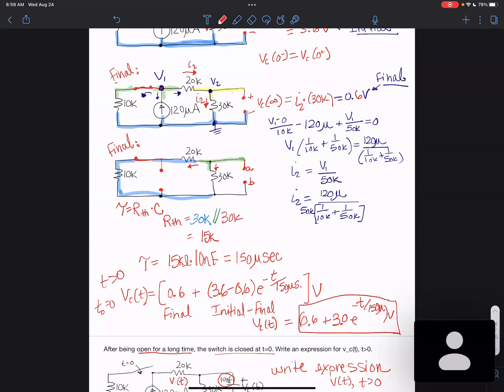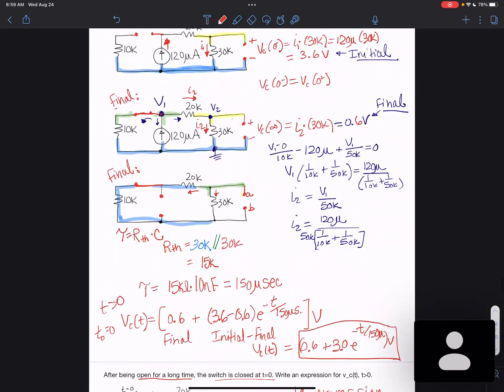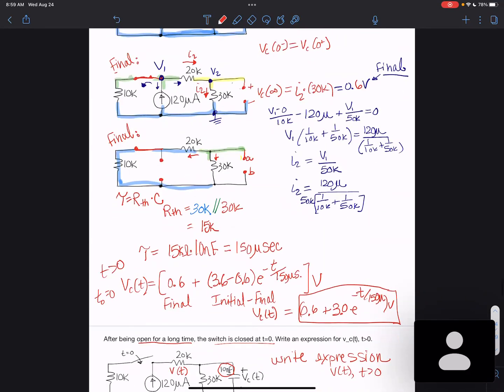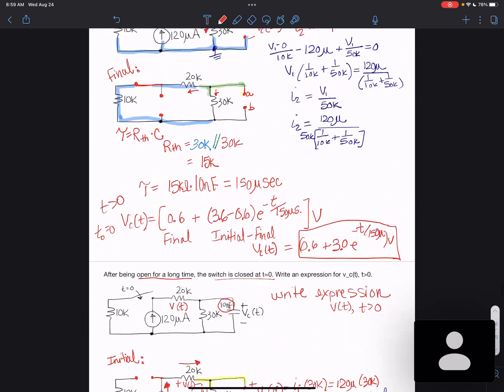So again, that VC final value is actually 0.6 volts. Thank you. And then the final equation will be 0.6 plus 3.6 minus 0.6, and then that reduces down to 0.6 plus 3.